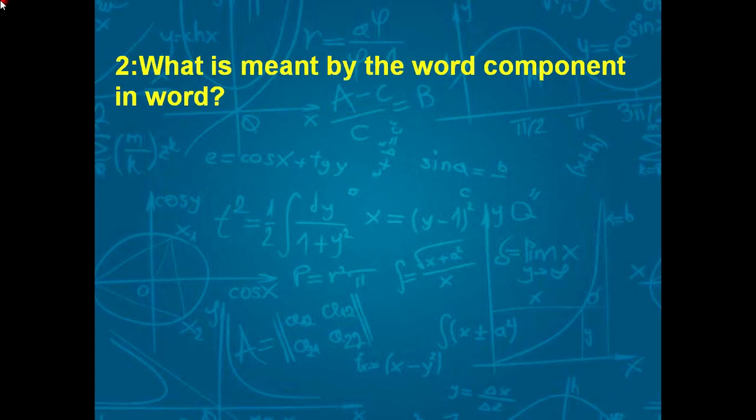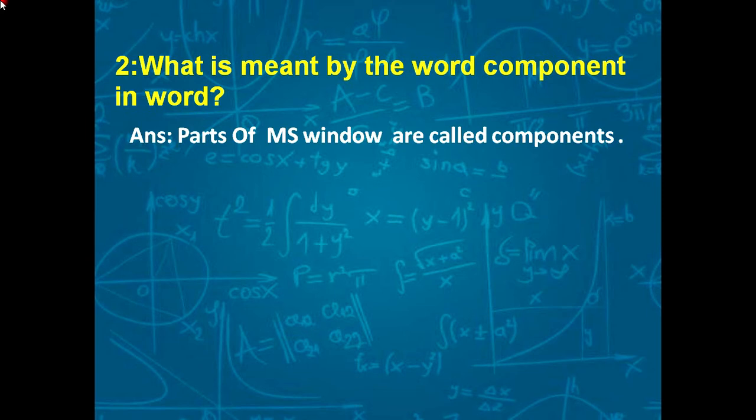The next question is, what is meant by the word component in Word? We are using the word component. Components are the parts, the pieces, the objects. In Microsoft Word, parts of the MS Word window are called components, meaning the different things, different tools, menus, and everything is included in components.